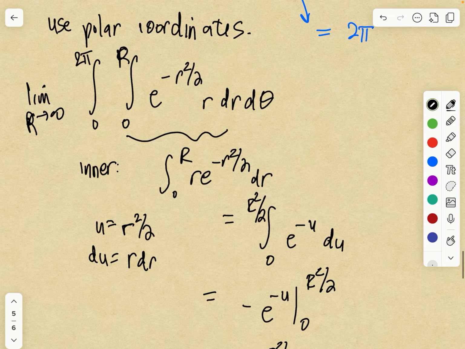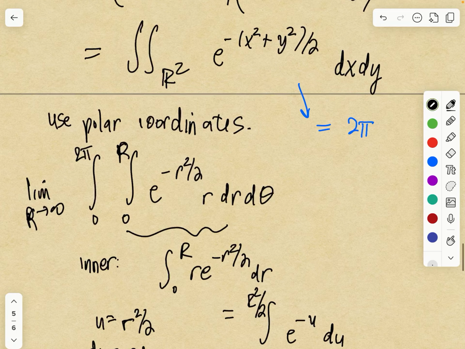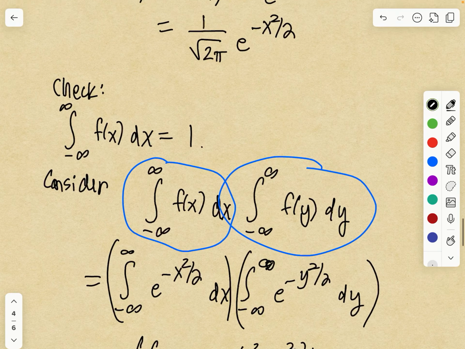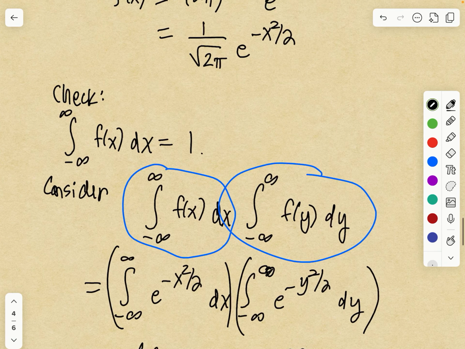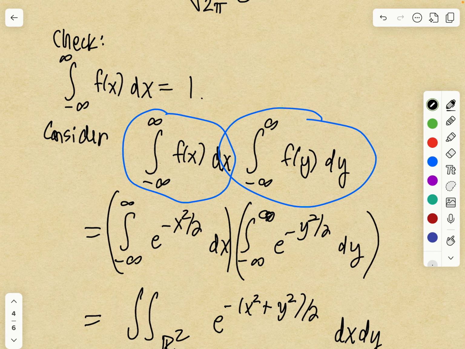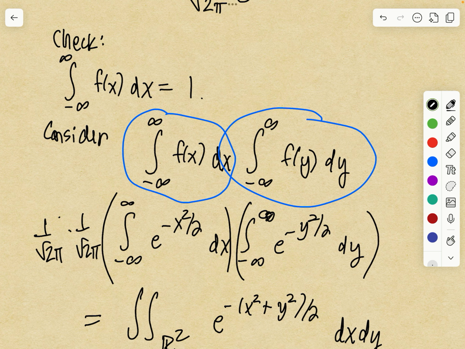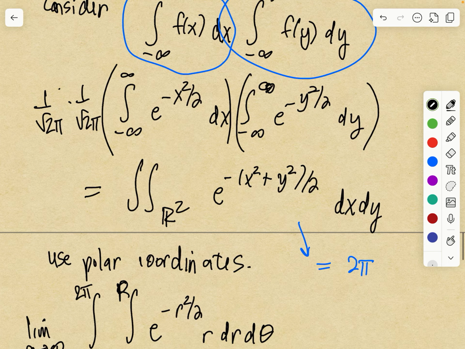Oh, I shouldn't have written f of x, because that's not the density function. Sorry. Because I have this 1 over root 2 pi. So I should have written 1 over root 2 pi times 1 over root 2 pi, right? So I get 1 over 2 pi here.